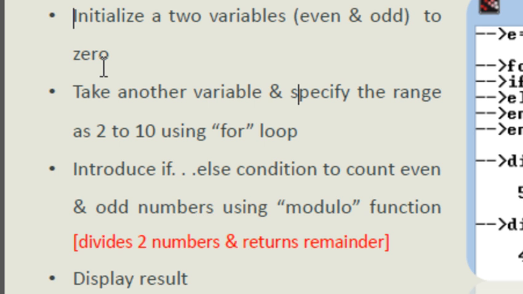We will initialize them to 0. Next, we take another variable and specify the range as 2 to 10. We will do this using for loop. After that, we will introduce if else condition to count even and odd numbers using modulo function. A modulo function basically divides two numbers and returns the remainder. After that, we'll simply display the result.